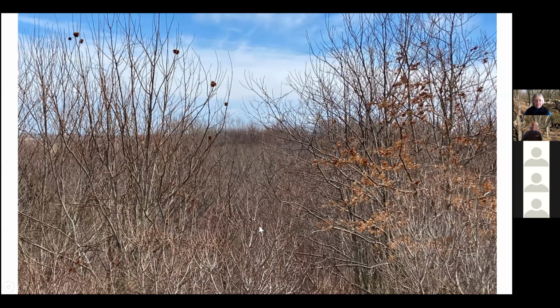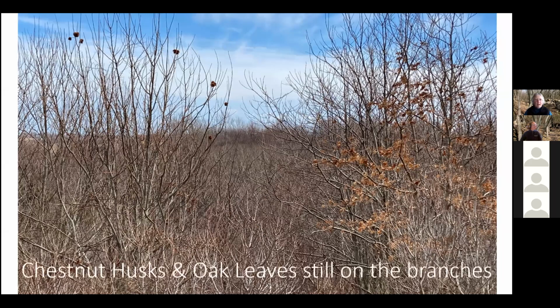But I looked a little more closely, and they're two different trees. We have a chestnut on the left, and it still has the chestnut husks up in the branches. And we have oak. They keyed out as an English oak. I would think that would be a white oak, but it's a very definite oak.